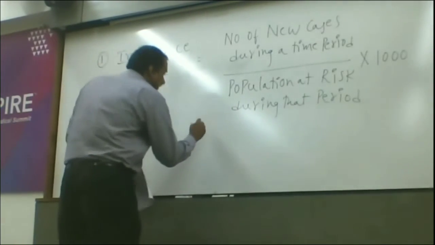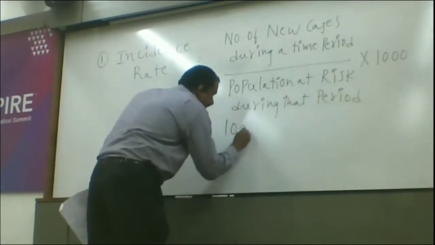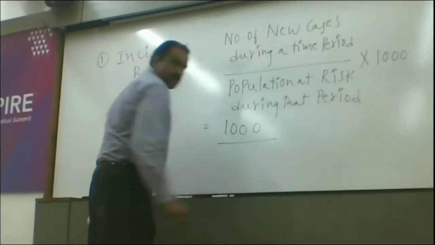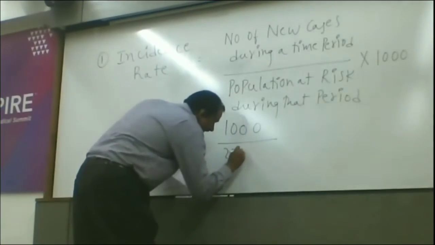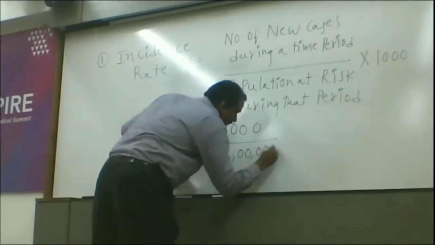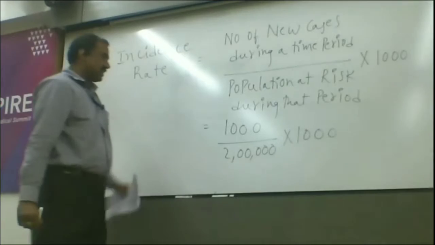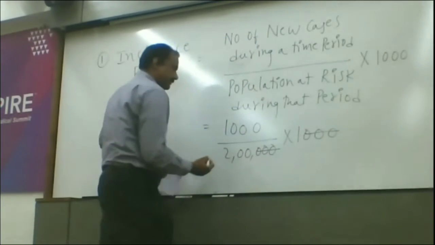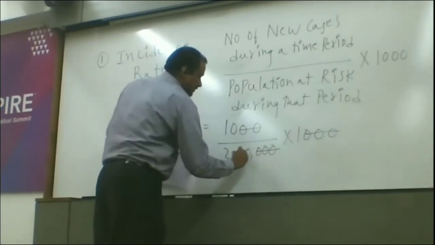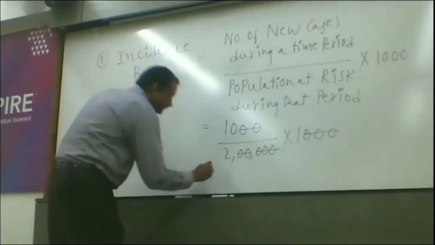And here the given number of new cases is 1,000. The population at risk during that period is 2 lakhs, into 1,000. So this is going to be finally 5.